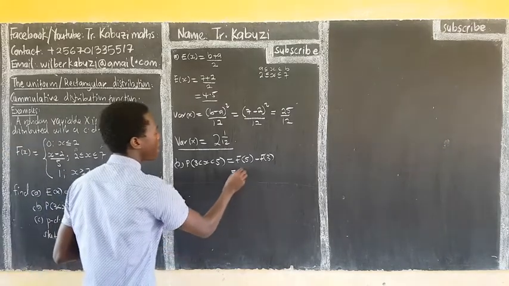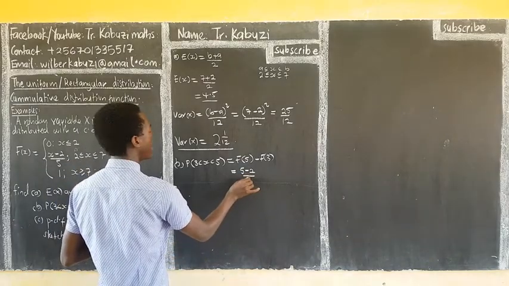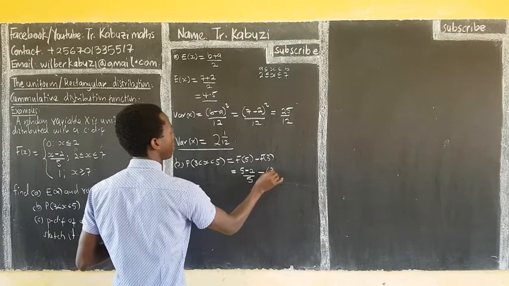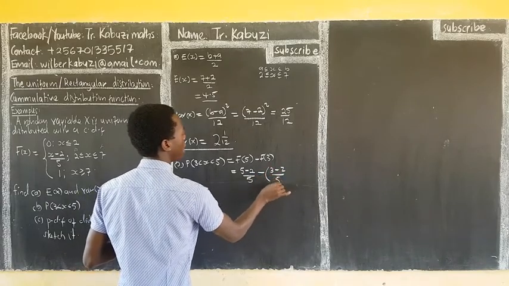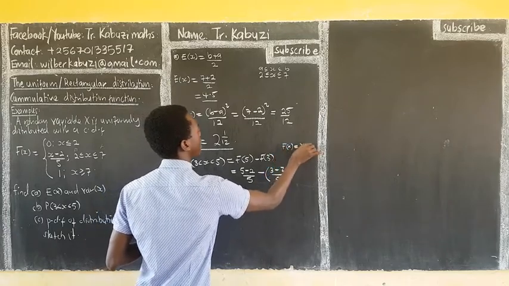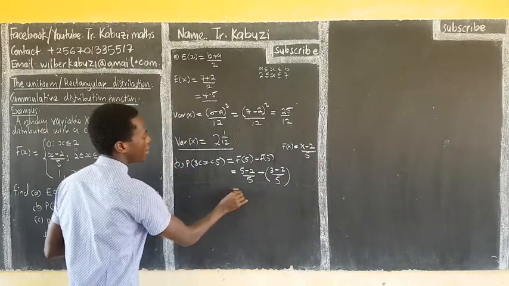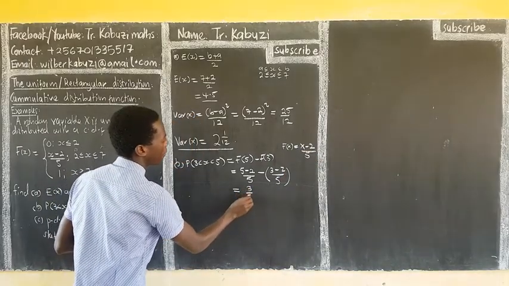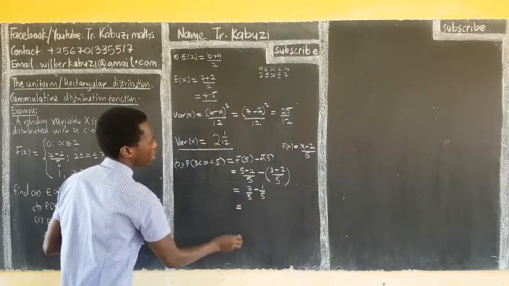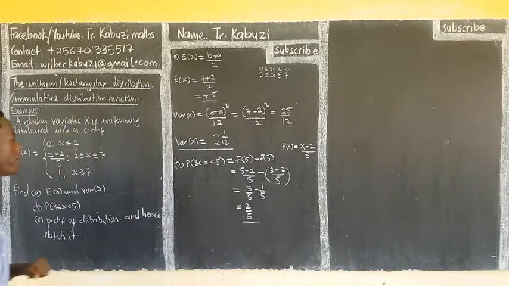So you have 5 minus 2 over 5, then minus 3 minus 2 over 5. Why? Because our capital F of X is X minus 2, the whole over 5. Then just substituting, this will give us 3 over 5 minus 1 over 5, which will give you 2 over 5. And you are done with that.